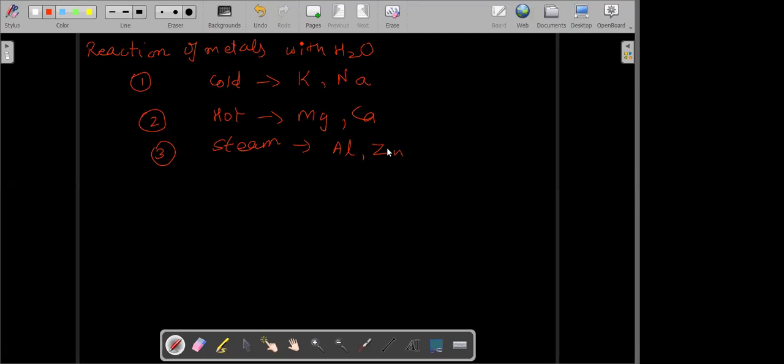Aluminium and zinc. Okay. So which metals form the hydroxides and which metals form the oxides? Can you tell which one forms the oxides and which one forms the hydroxides?